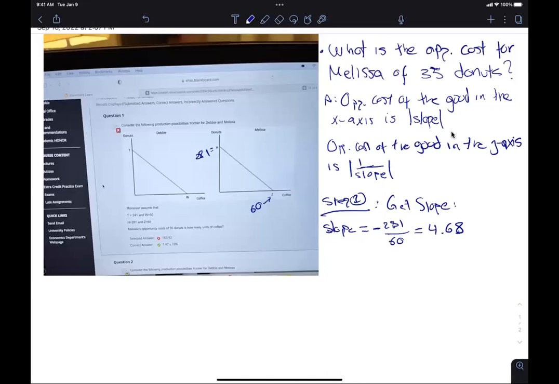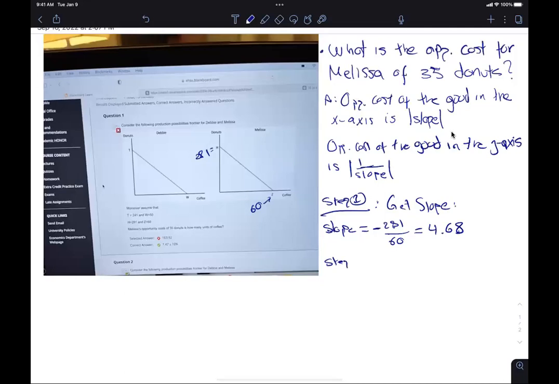That's the slope. Step 2: remember that this question is asking for the opportunity cost of donuts, which are on the y-axis, so what I need to do is get 1 over the slope. Does that make sense?